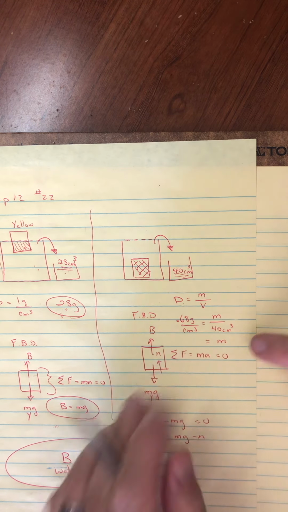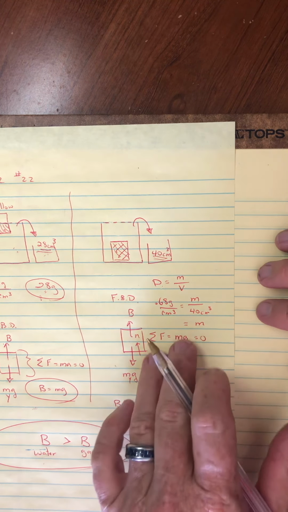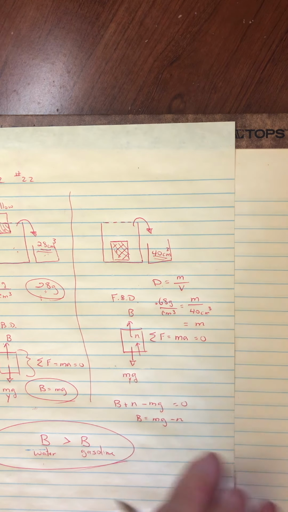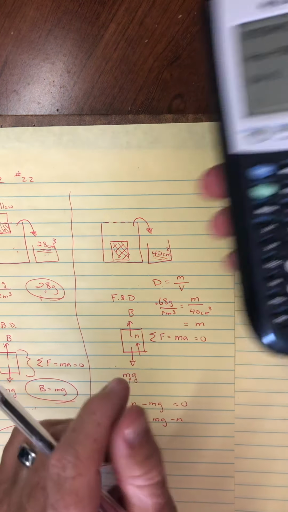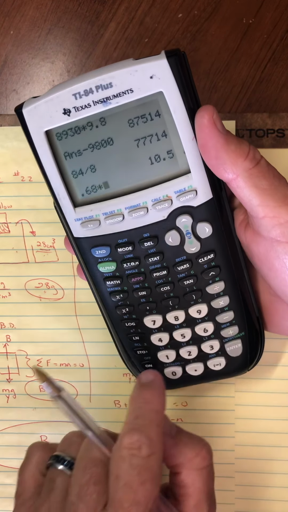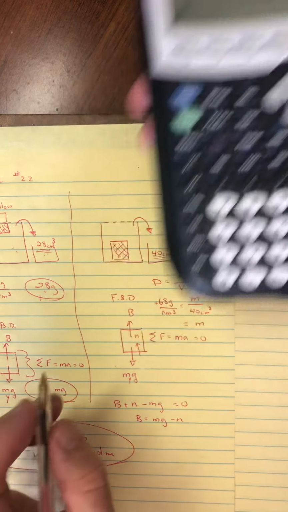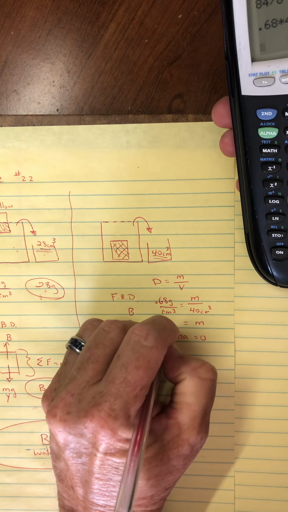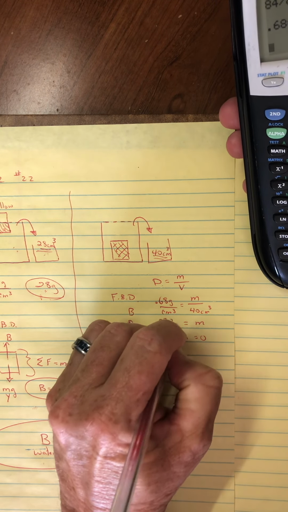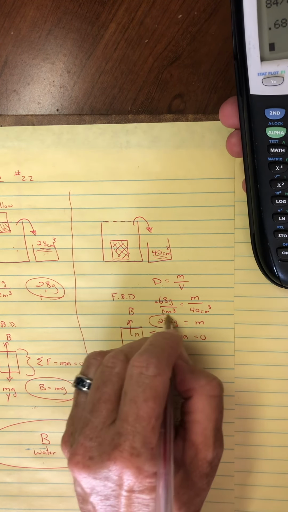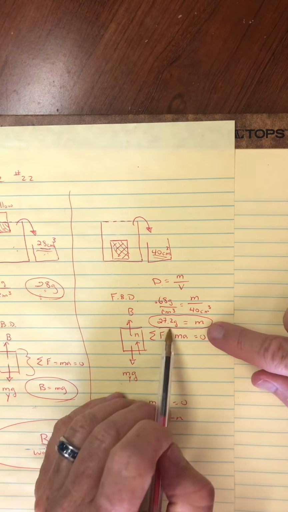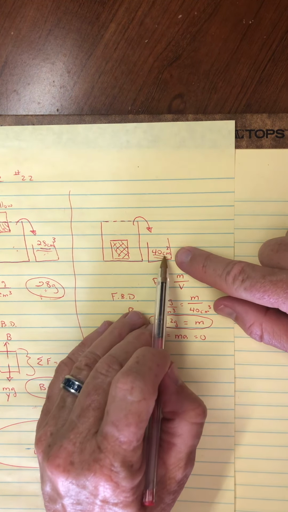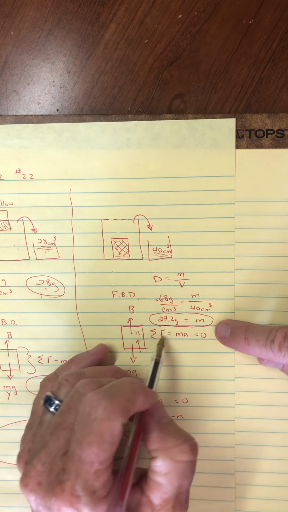And that means that the mass of the gasoline that flowed over the side, 0.68 times 40, is 27.2 grams. Okay, so this is the mass of the gasoline that flowed out.